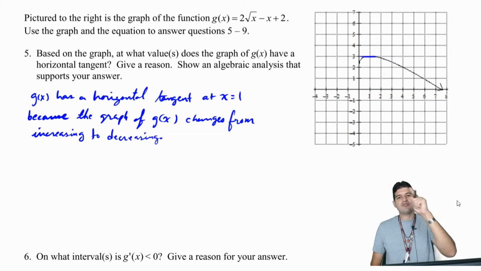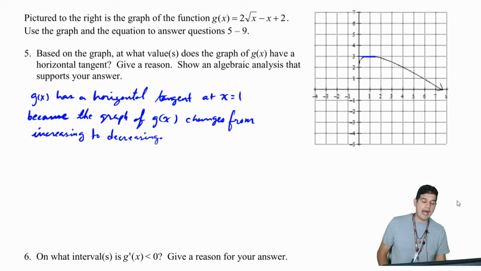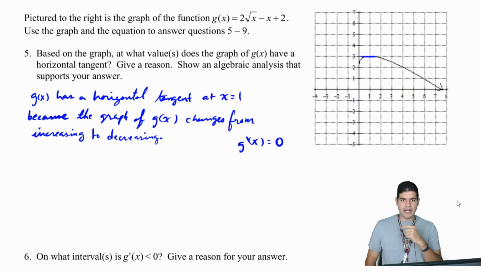And let's also come up with another calculus reason for that. The reason we're looking for is when g prime of x equals 0, and we're saying it's at x equal to 1.